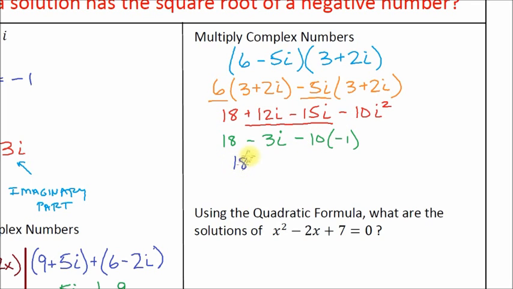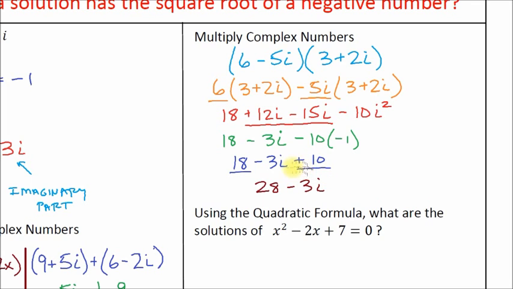We've got 18 minus 3i. Negative 10 times negative 1 is positive 10. And now we've got one more set of like terms that we can put together. So 18 plus 10 is 28. And our final complex number as our answer is 28 minus 3i.